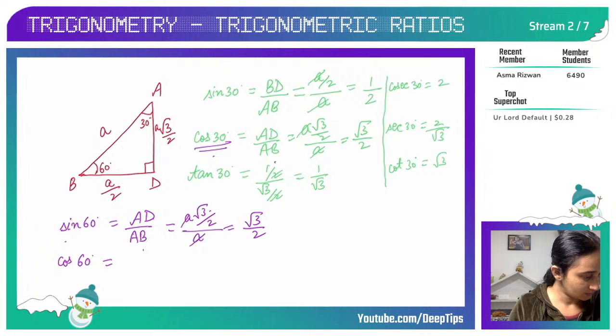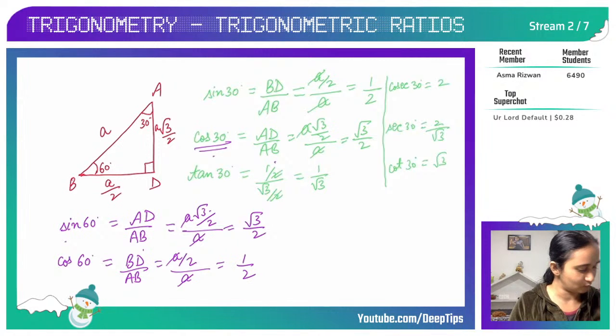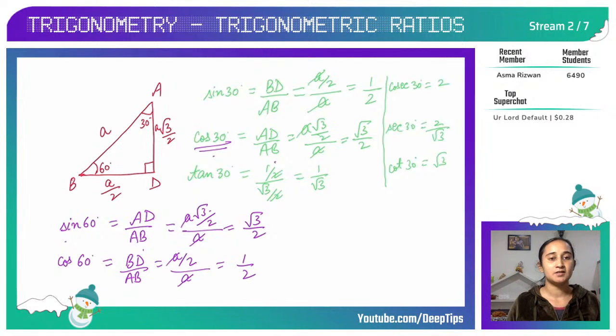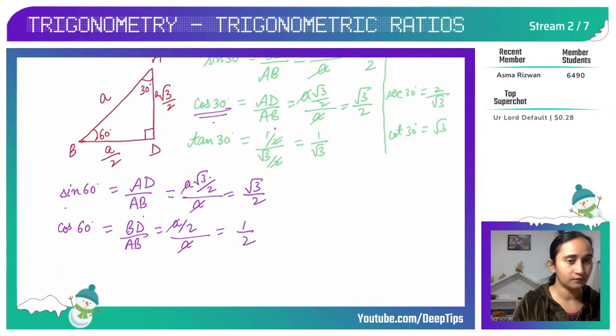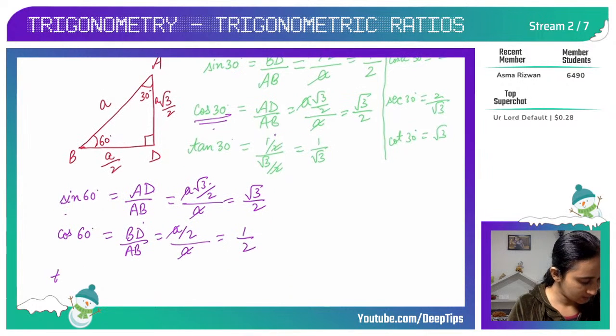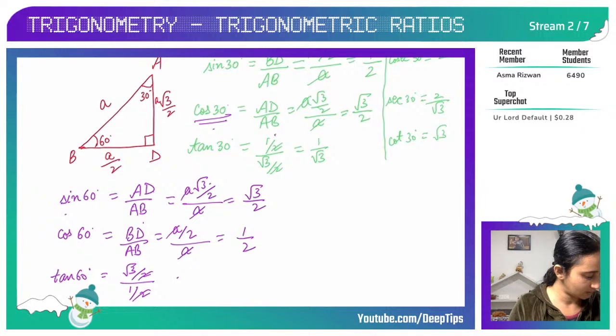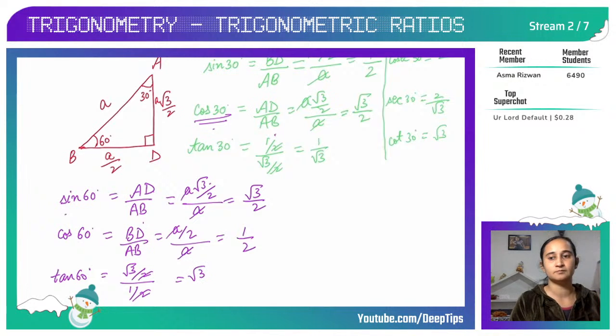So my base is BD and hypotenuse is AB. So BD is A by 2 and AB is A, and this gets cancelled and I get 1 by 2. So you can see that my sine 30 and cos 60 are equal. Now if I look at tan 60, I can just divide root 3 by 2 upon 1 by 2. They both get cancelled and I get root 3.